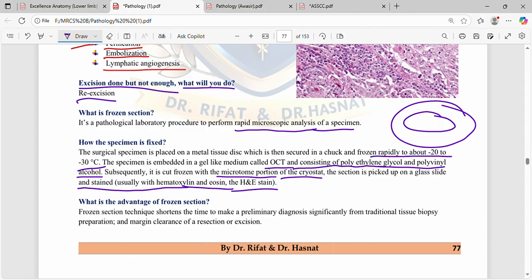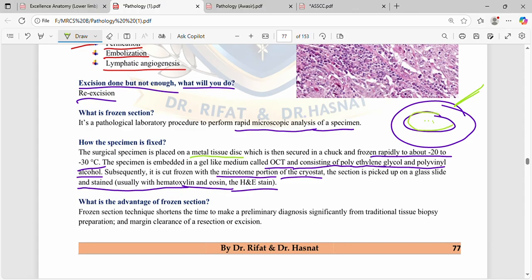I will explain in short, simple words. We place the specimen on the metallic tissue disc and freeze it at -20 to -30 degrees centigrade. Then the specimen is embedded in a gel-like medium called OCT, whose constituents are polyethylene glycol and polyvinyl alcohol.